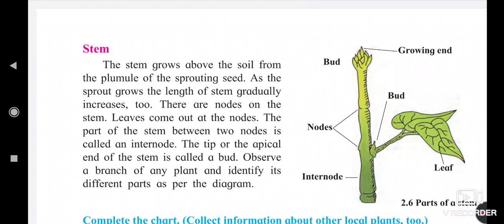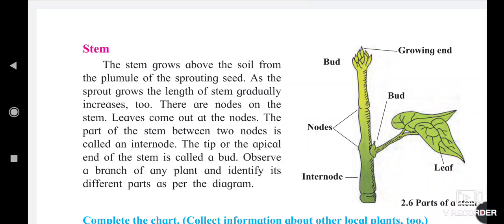The second part of the tree or plant is the stem. Every part of the plant has its own importance.